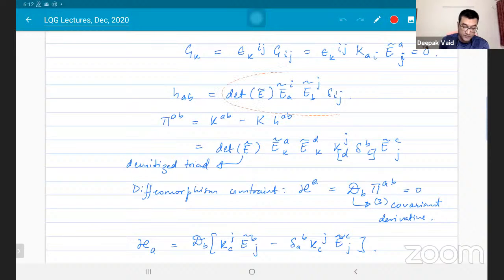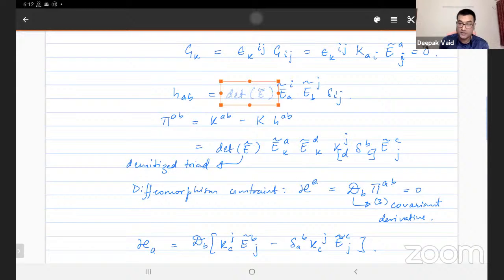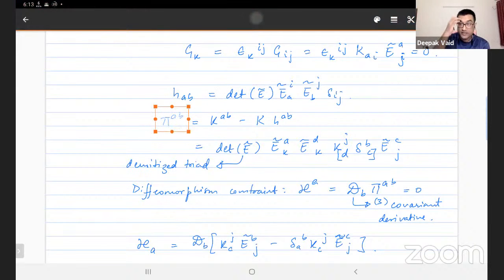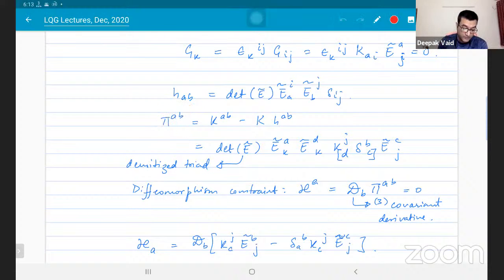It can be written in terms of the densitized triads. The only new thing here is that there is a determinant factor that appears. Then in the ADM version, you have a momentum, which is related to the extrinsic curvature and the metric tensor.